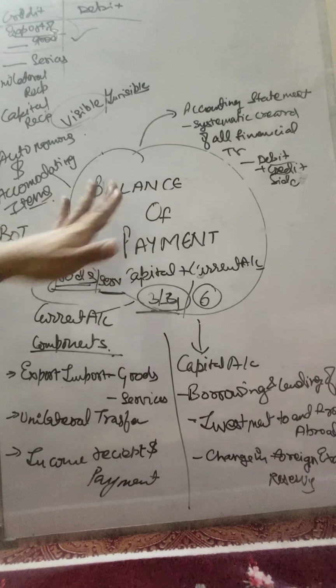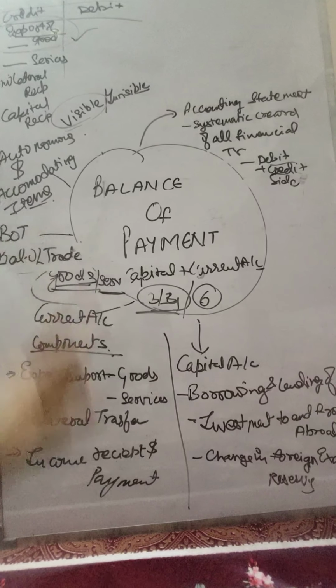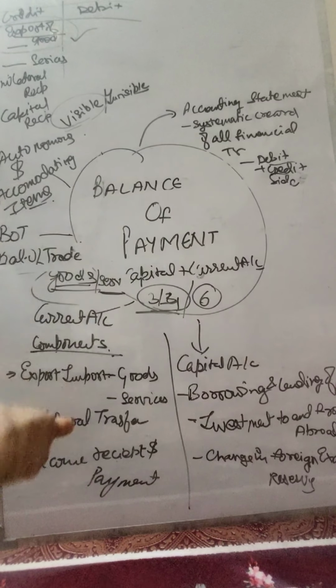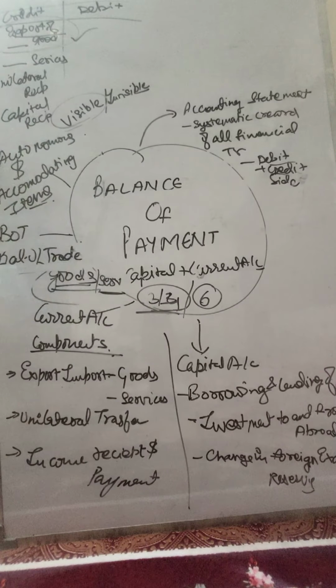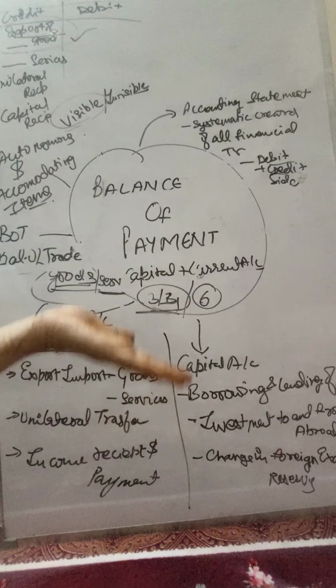So does this account, because it's just an account statement, so it has its credit and debit side also. Now, what does its credit and debit side consist of? Basically, the very first thing on the credit side is all the receipts that we are receiving, whereas the debit side will show all the payments.